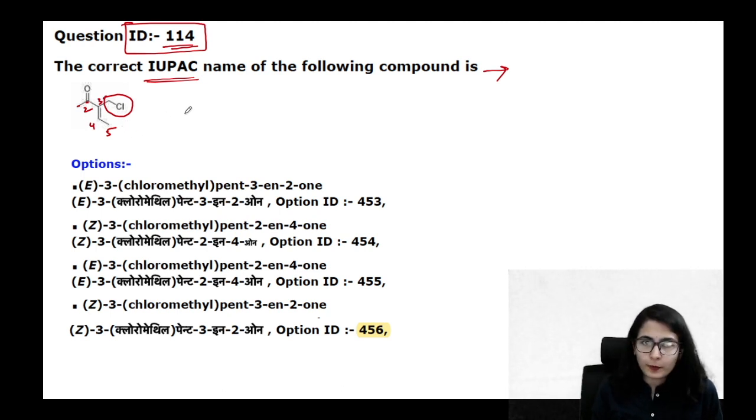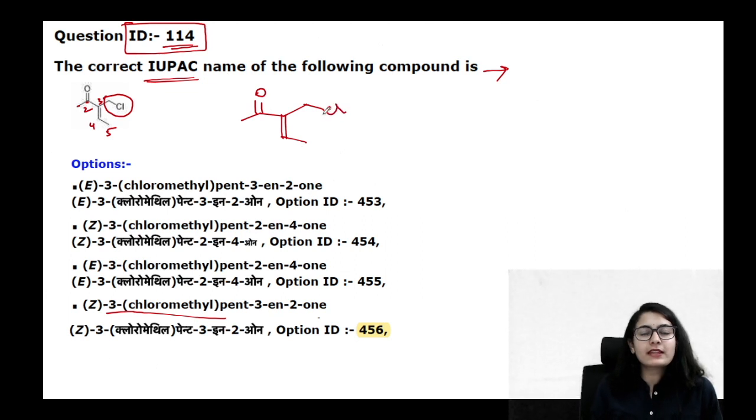So 3-chloromethyl, yes, that's common in all of these, fine. But where is the E and Z nomenclature? Let's see that. On the second carbon, 1, 2, 3, on the third carbon, what is the nomenclature?